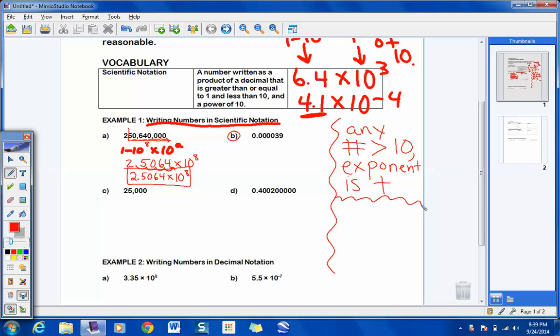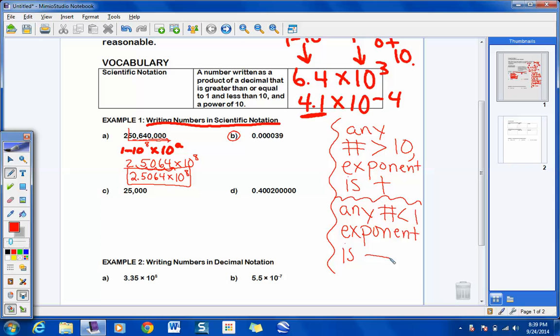Any number that you start with in decimal notation that is less than 1 will have an exponent that is negative. Okay? So this decimal in part B, 0.000039, is clearly a number less than 1.